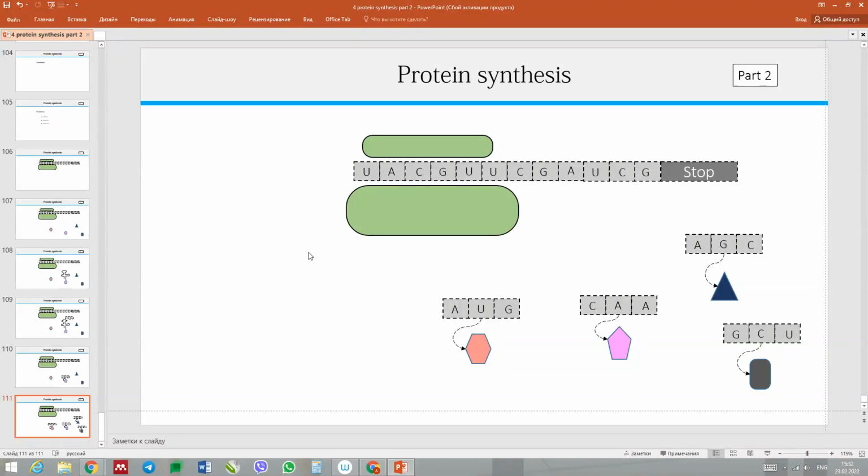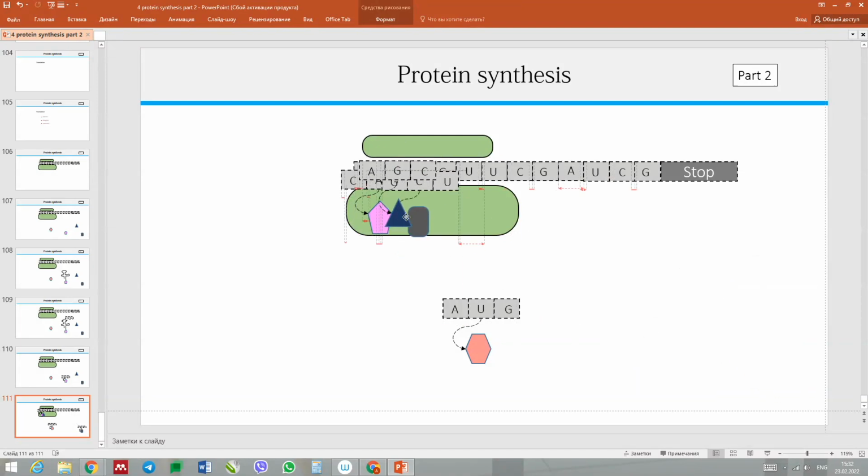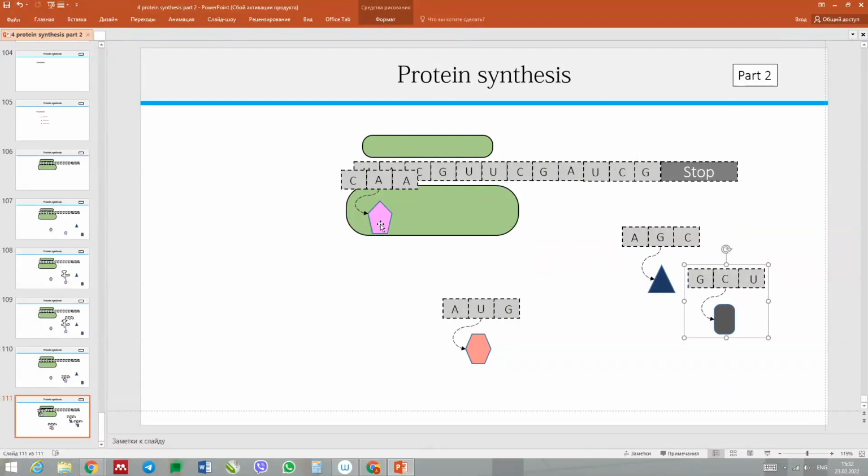And again, according to our data transfer protocol or complementary principle, we are allowed to put here only those amino acids that are associated with transport RNA that has anticodon complementary to this codon. You see, we are not allowed to put here anything we want just by random choice. No. We have to look what information is written inside of messenger RNA.